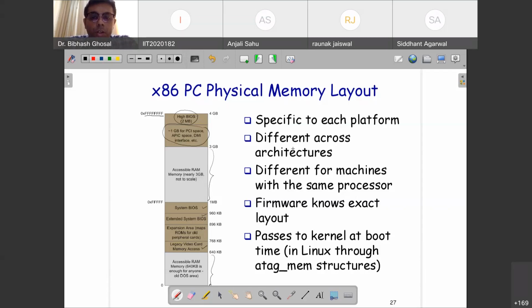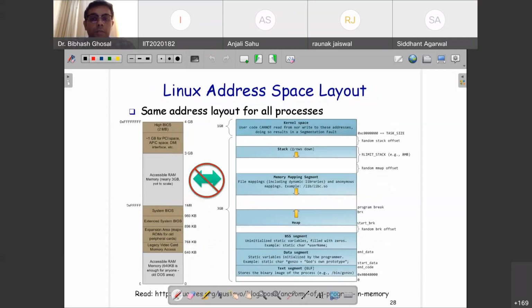Okay, so what exactly are we doing? Left hand side is the physical memory, right hand side is the virtual address space of the processes. And as you see, each one of them has to be mapped to this entire 4 GB space of the physical memory.